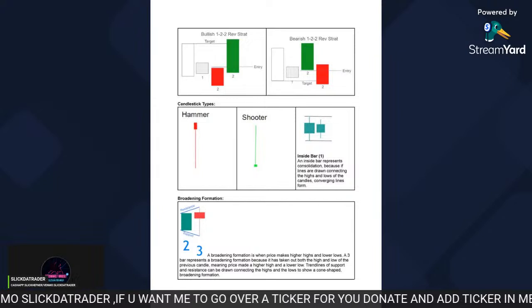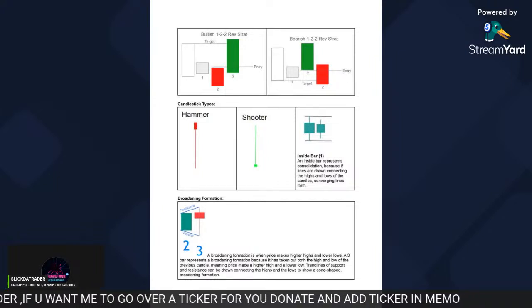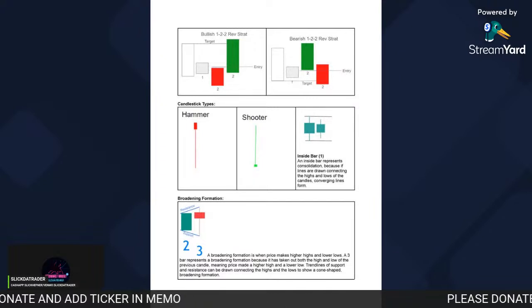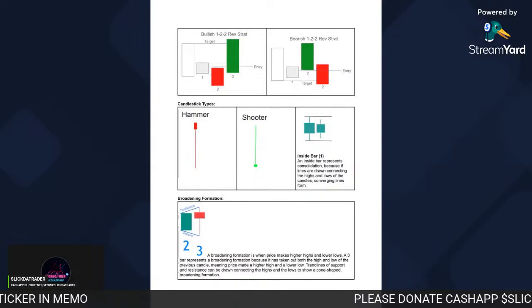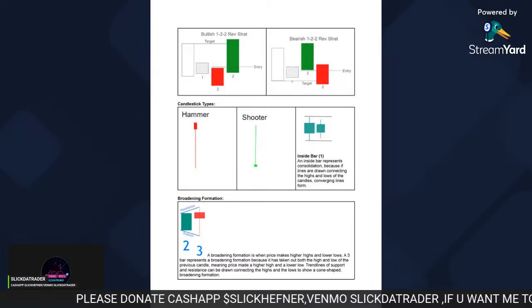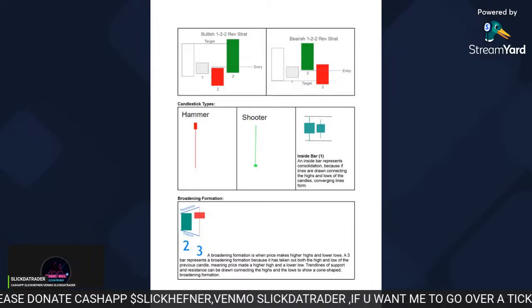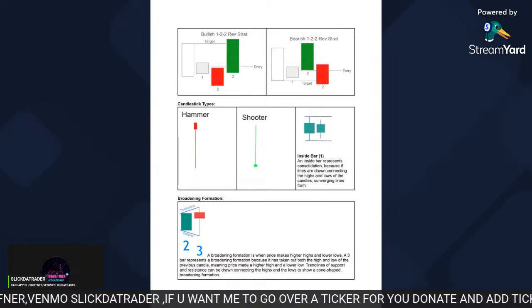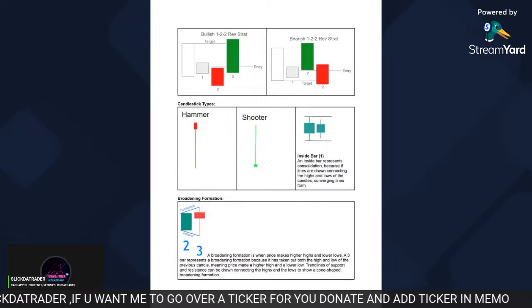All right, so the STRAT is a price action strategy created by Rob Smith. The strategy is basically price action: candle movement, price aggregation, broadening formations, and we use 3 simple candles.